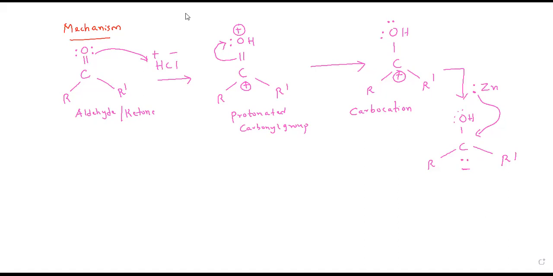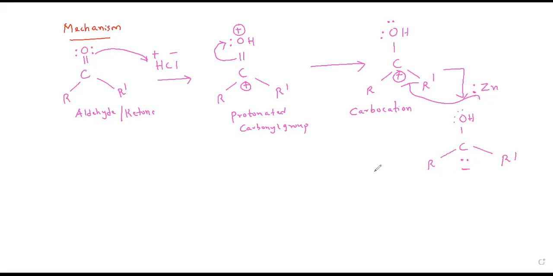Better if I designate this with an arrow mark, then you can understand very easily. Zinc is going to donate the valence electrons towards the positively charged carbon. Therefore, you are going to get the lone pair of electrons on the carbon atom, and you can designate it by a negative charge.